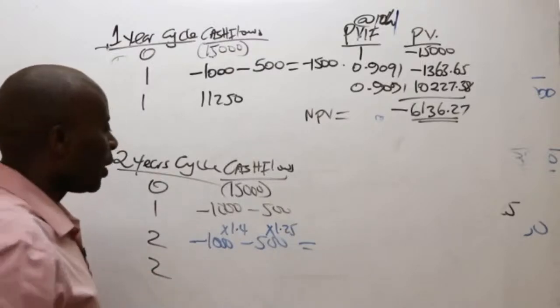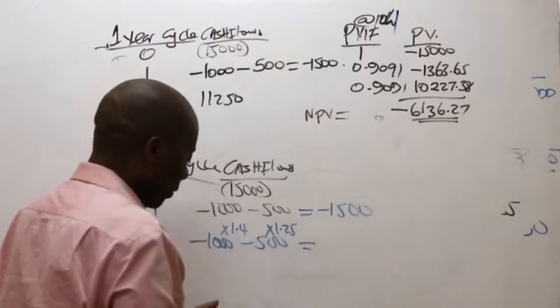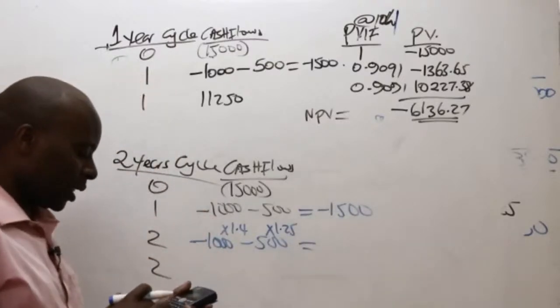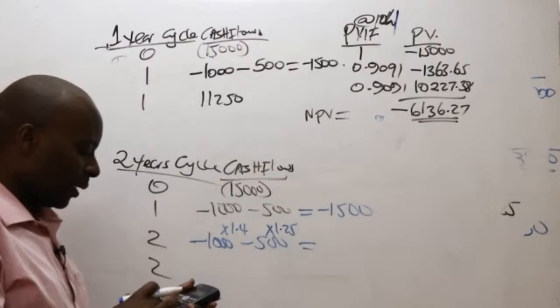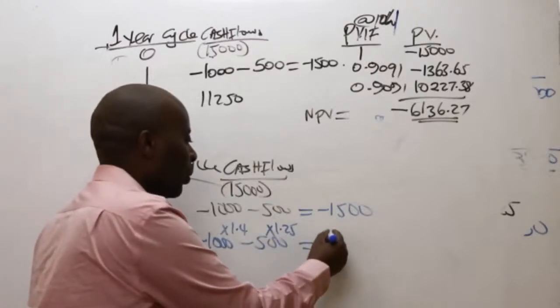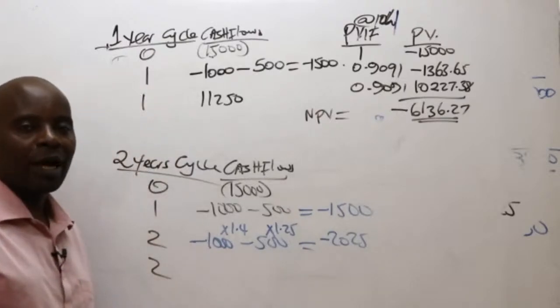So this one here will be minus 1,500. The second one, we are told, will be minus 1,000 times 1.4 minus 500 times 1.25, which will end up giving us minus 2,025.